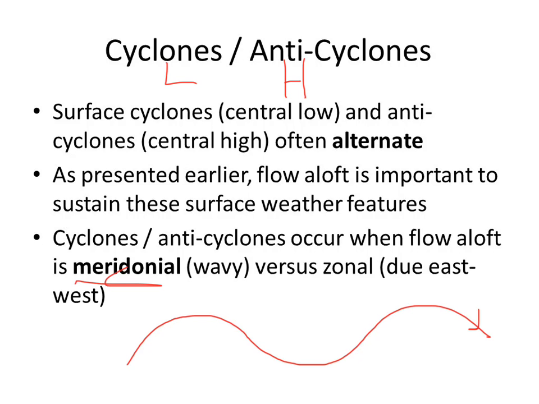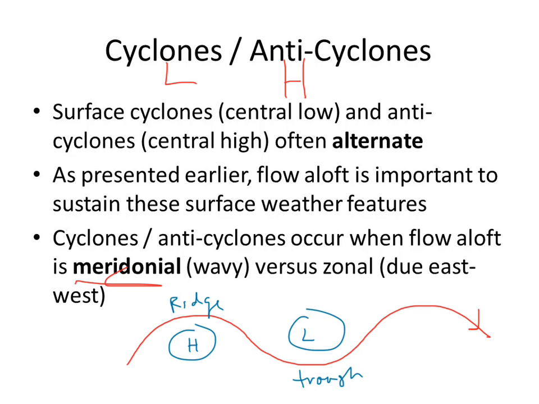And we talked about how you can have alternating, well, let's see. We call this a trough. I usually have to concentrate. We call this a ridge. We already said ridges are associated with highs, right? And troughs are associated with lows.